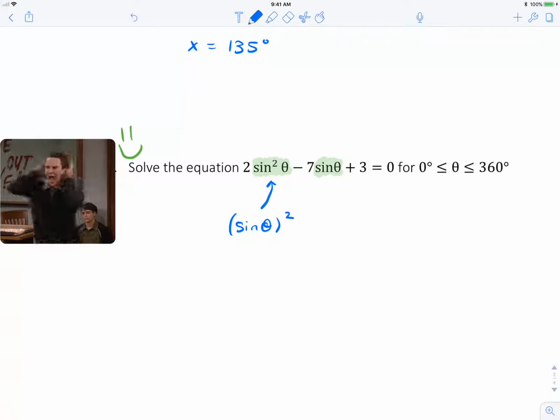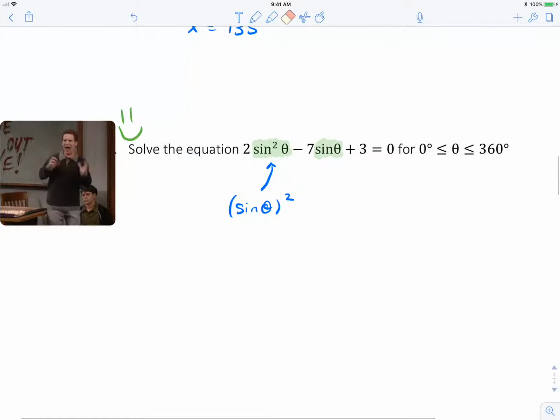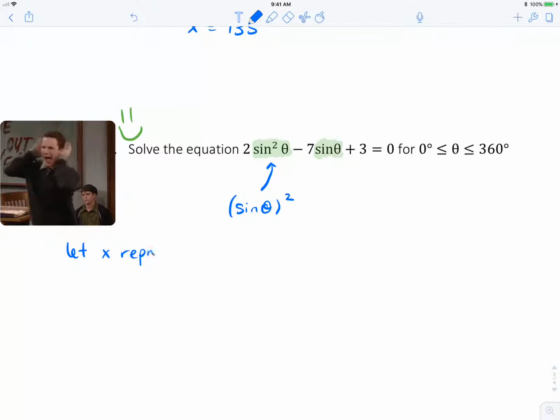Then why is this squared there? Because if it were here, it would look like it was the sine of theta squared. So we avoid that mistake by putting the squared on the sine. Okay. With that in mind, I'm going to write a let statement. Let x represent the scary stuff, which is, in this case, sine of theta.